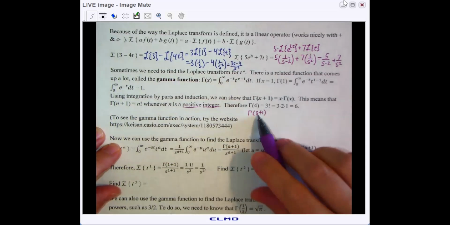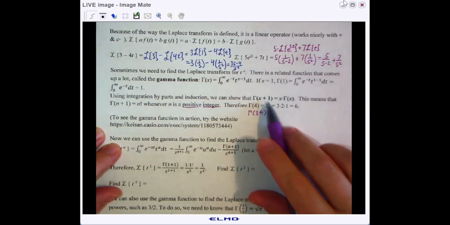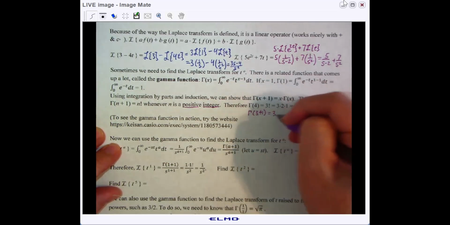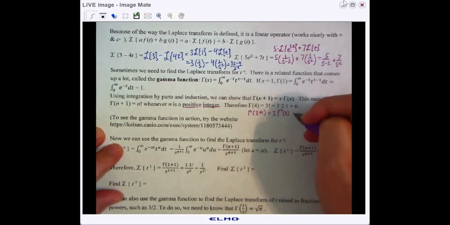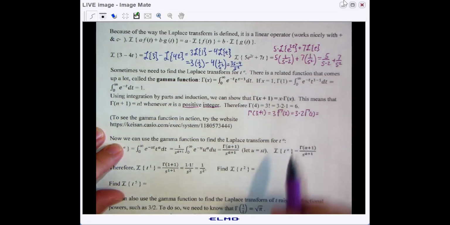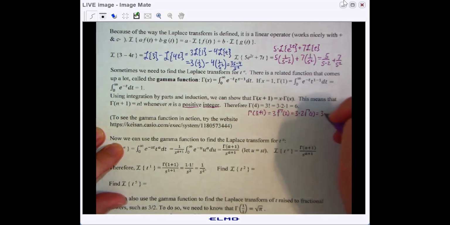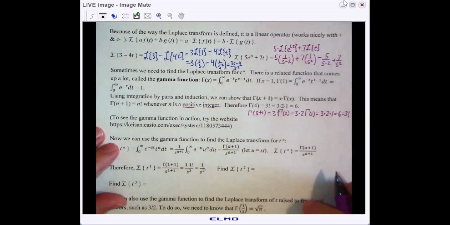I know it's a little bit weird, but that gives me 3 times gamma of 2, and gamma of 2 is going to be 2 times gamma of 1, and we just did earlier that gamma of 1 is 1, so we get 3 times 2 times 1, which is 6, but also notice that that is 3 factorial.